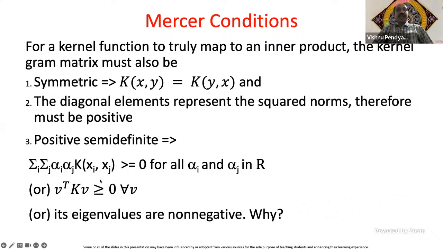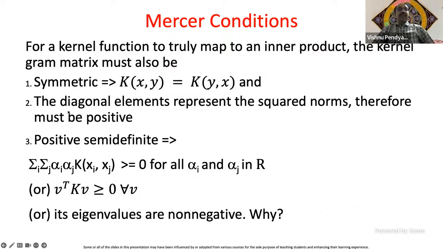The same thing can be written as, remember, if we had values of the form alpha i, you would end up with this kind of expression. There will be a double summation, and you will get alpha i, alpha j, multiplied by k of x i comma x j, and this has to be greater than or equal to 0. And the other way to put it is, its eigenvalues are non-negative.